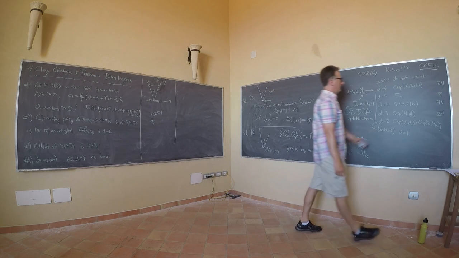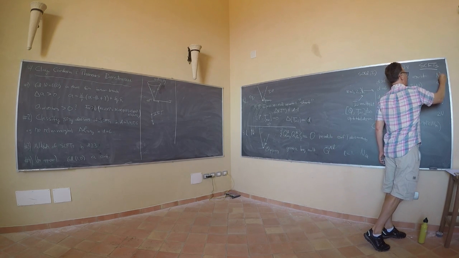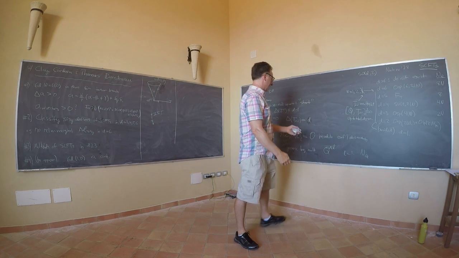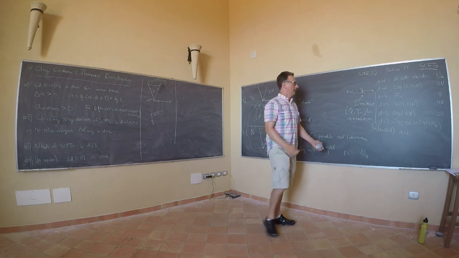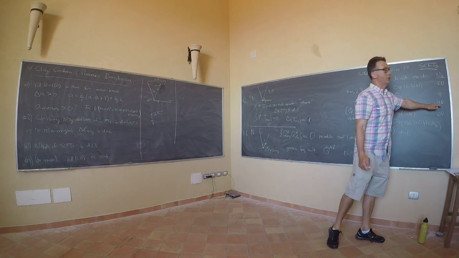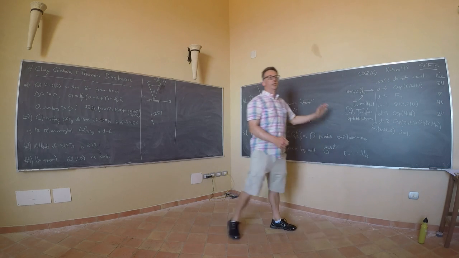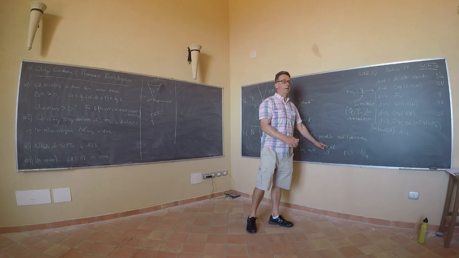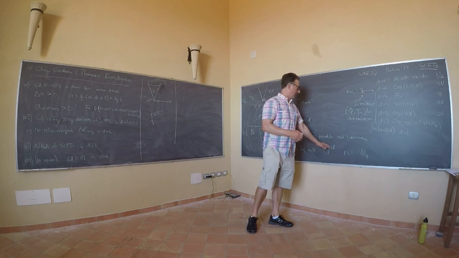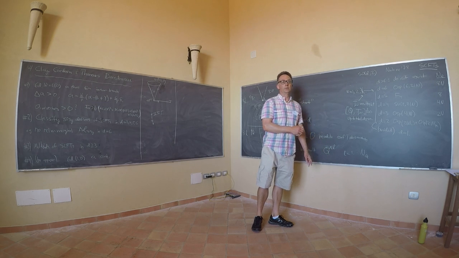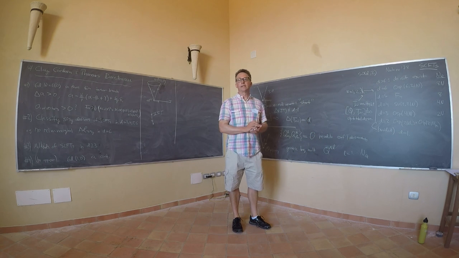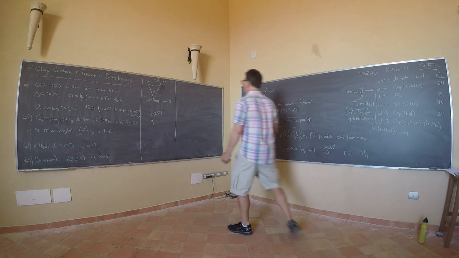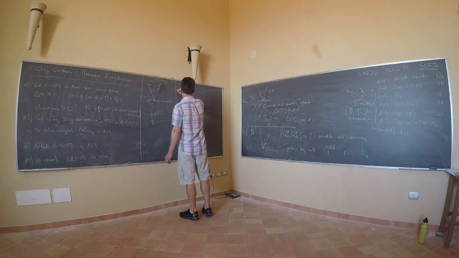So for instance, 4D N equals 1 has 4 supercharges, and so for the generic multiplet, we can act with, well, we can call them Qs and Q bars. So we can act with up to 2 Qs and 2 Q bars, and that would be what we would say is a generic multiplet. I'll write it here: generic.